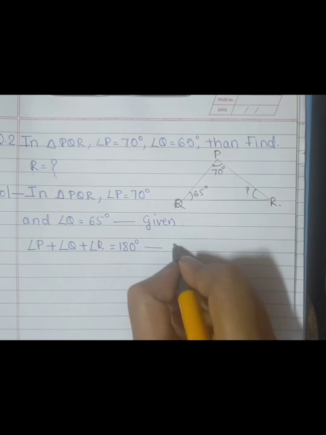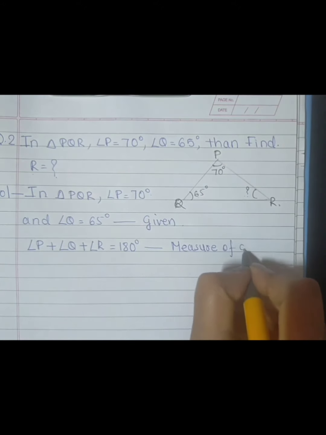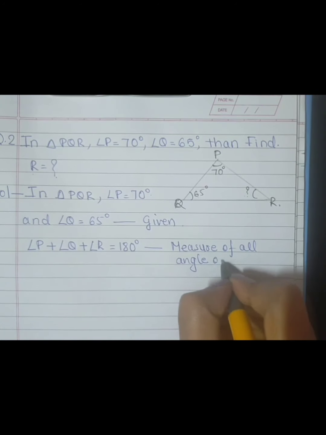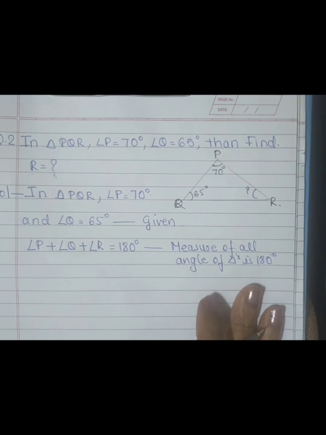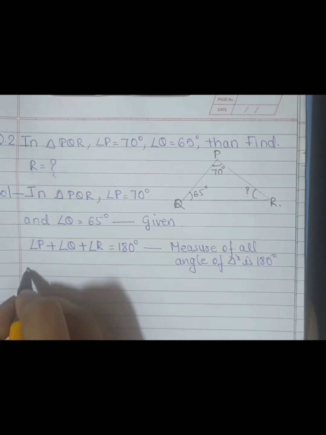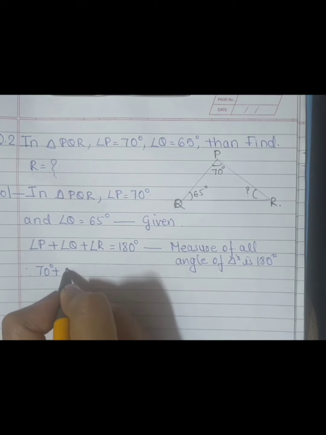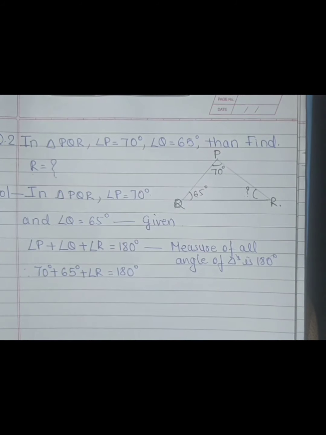Why? Because the measure of all angles of a triangle is 180 degree. Okay, now here P value is given 70 degree plus Q value 65 degree plus R equal to 180 degree.